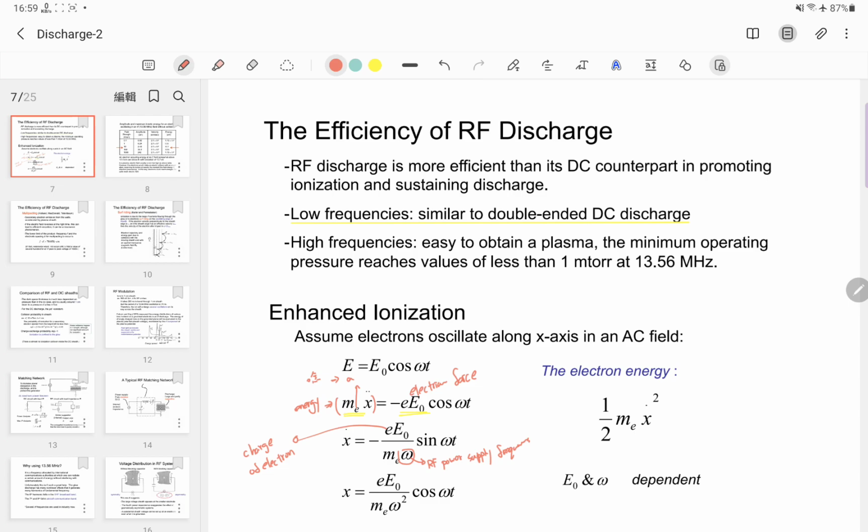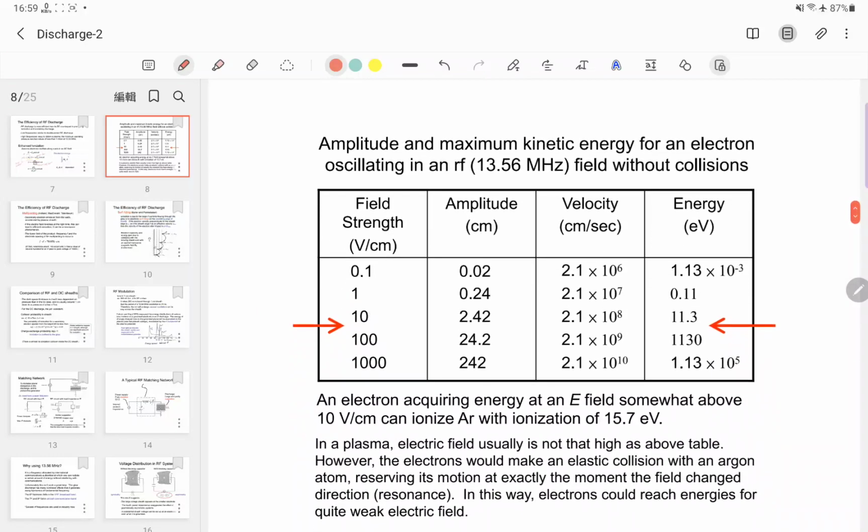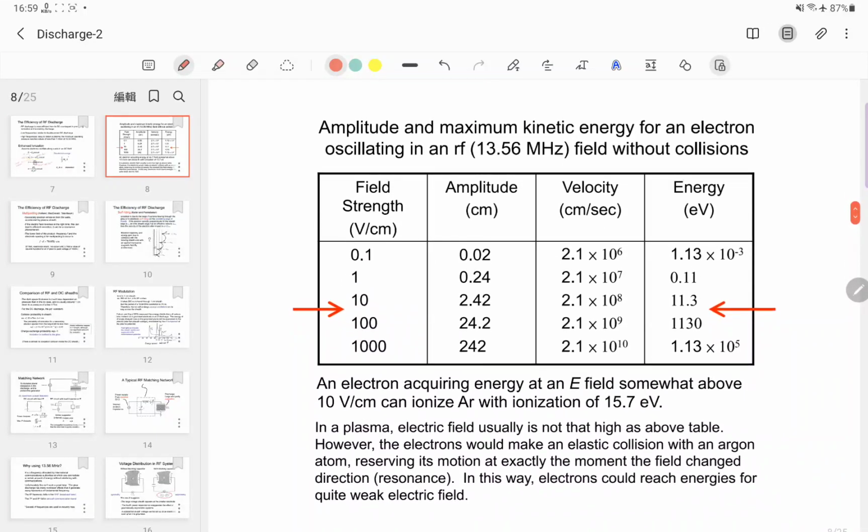So this table shows the calculation of the amplitude of the electron, the velocity of the electron, and the energy of the electrons inside an RF system, where the RF power supply is 13.56 megahertz.